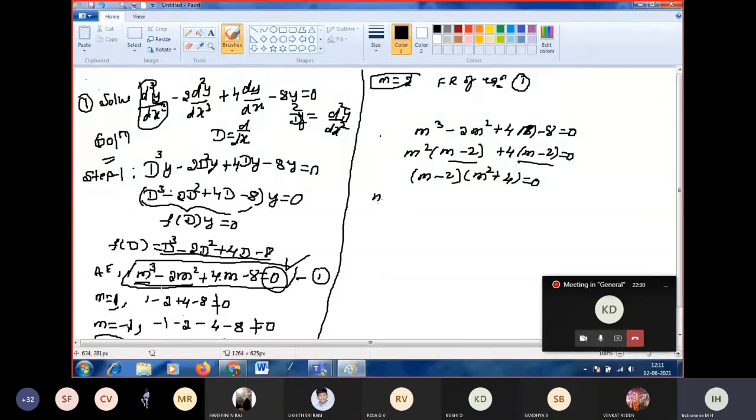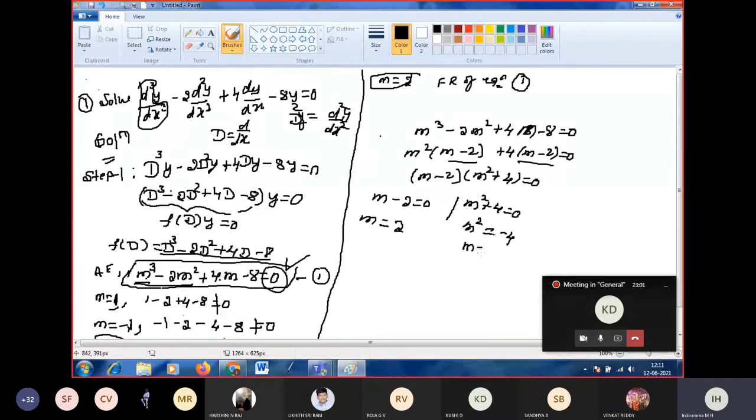Next, a into b equal to 0 means either a equal to 0 or b equal to 0. So m minus 2 equal to 0 means m is 2. And m square plus 4 equal to 0 means m square is minus 4.